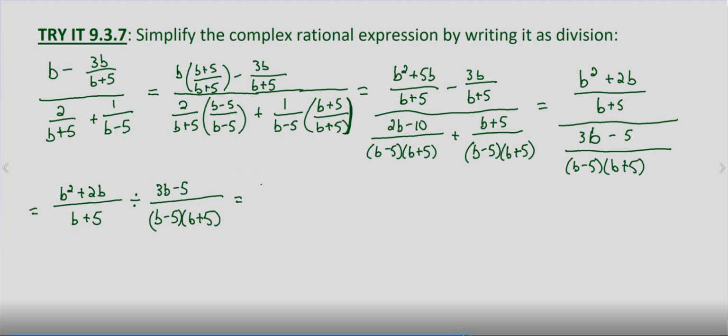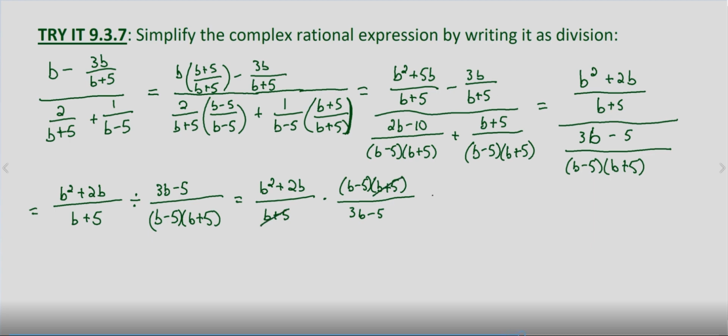So b squared plus 2b over b plus 5 times b minus 5 times b plus 5 over 3b minus 5. Now if you'll notice, the b plus 5s are going to cancel.